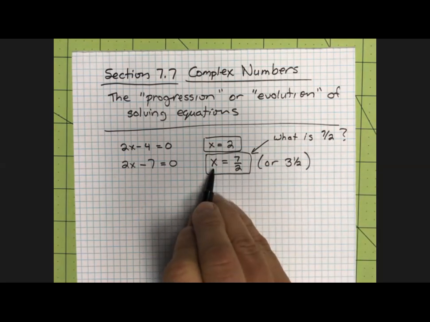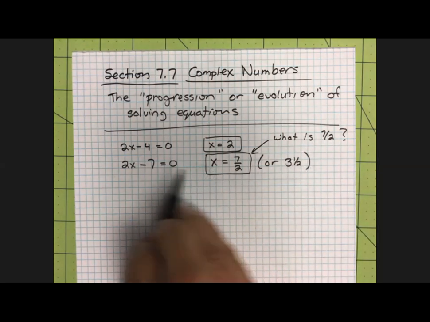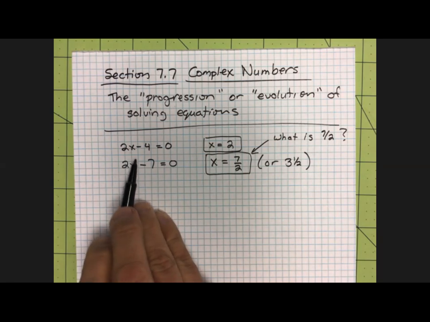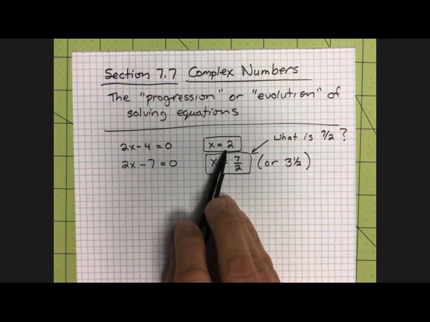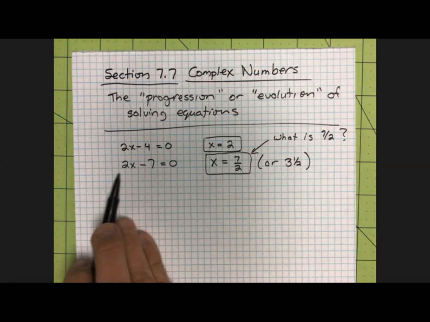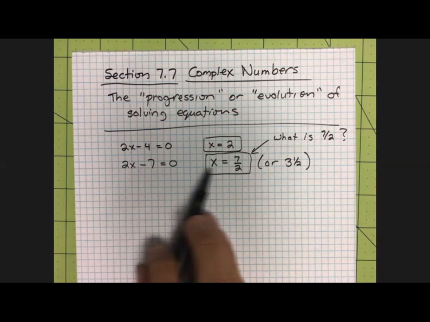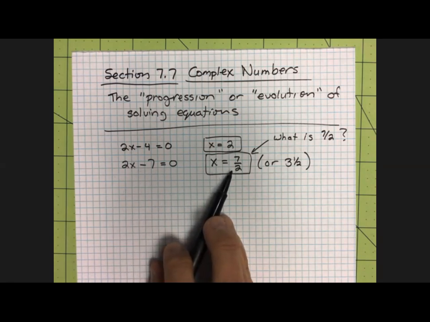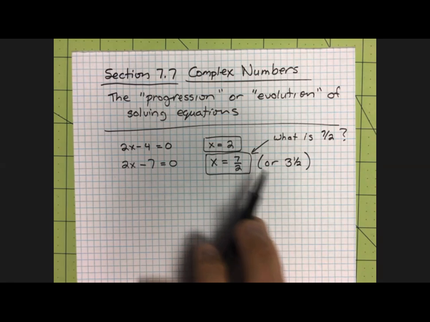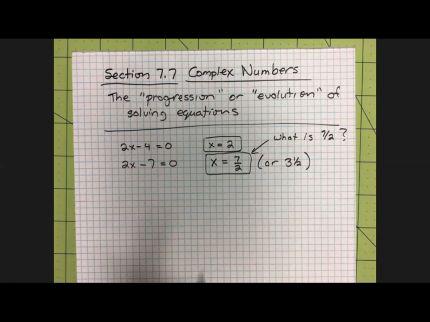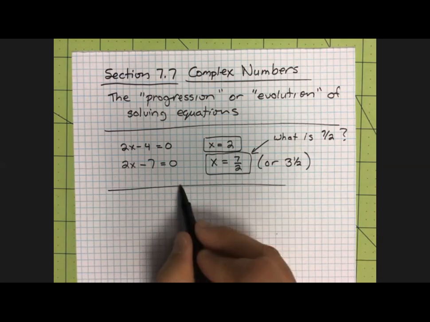But this idea that these two equations are different, and this equation looks so easy because 2 is such a simple answer to see, but this equation, which looks very much the same, has a different looking answer. And if you didn't understand what the fractions were, you'd be searching for the answer to that problem.